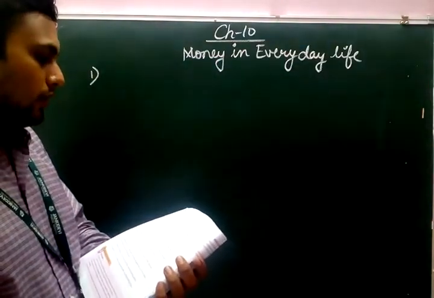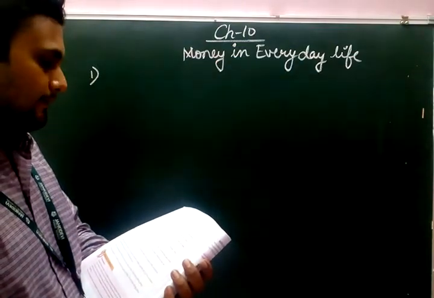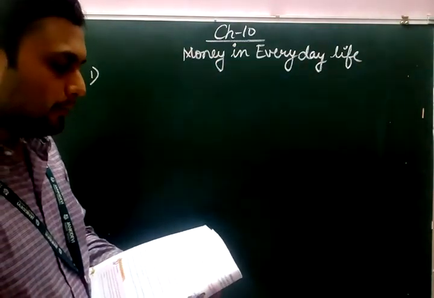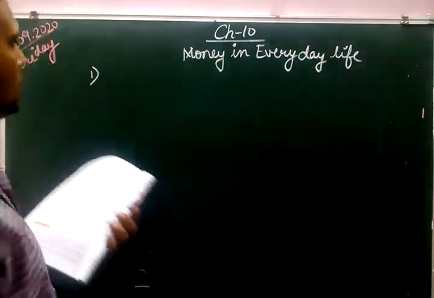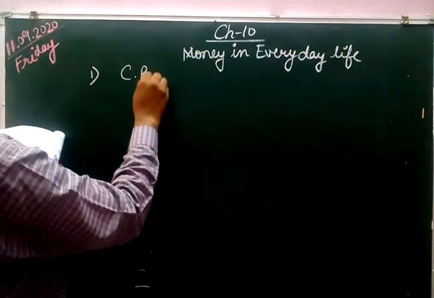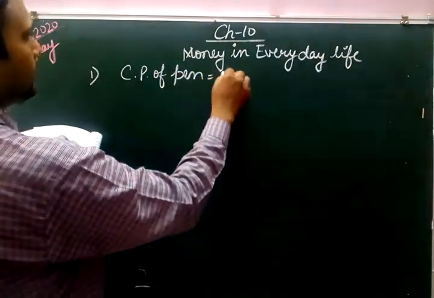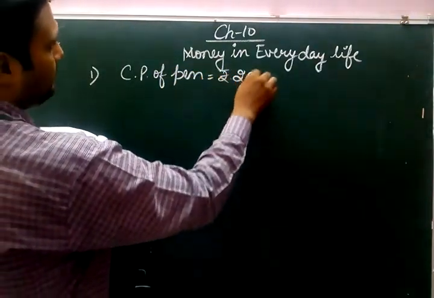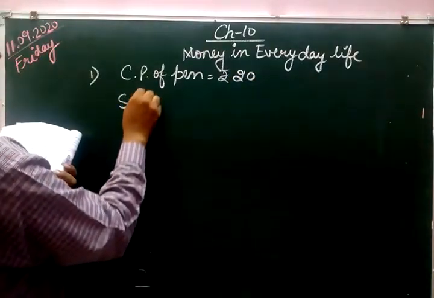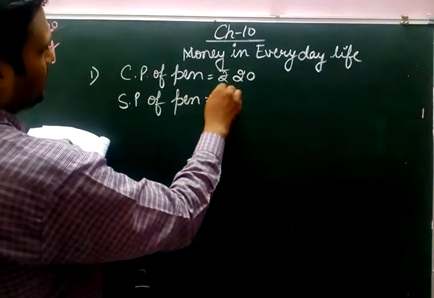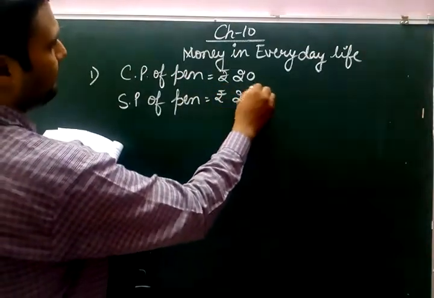A pen was bought for rupees 20 and sold for rupees 25. Find the profit percent. So the cost price of the pen is rupees 20. Selling price of the pen equals rupees 25.